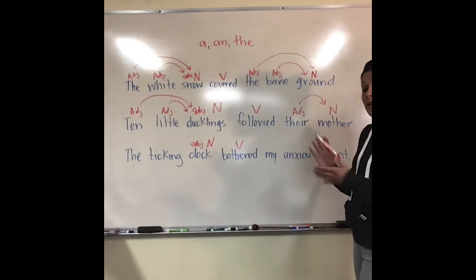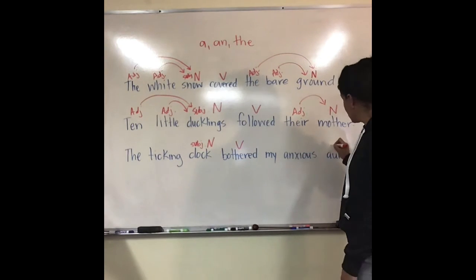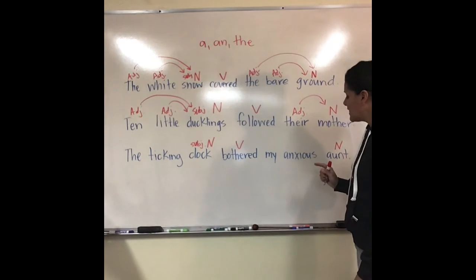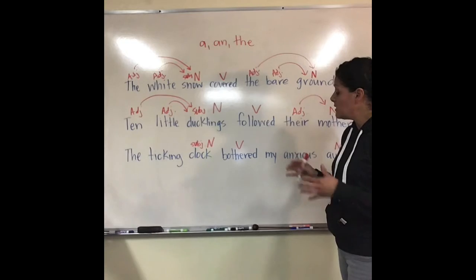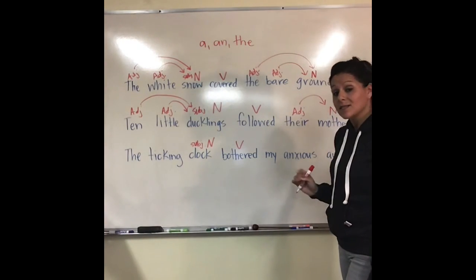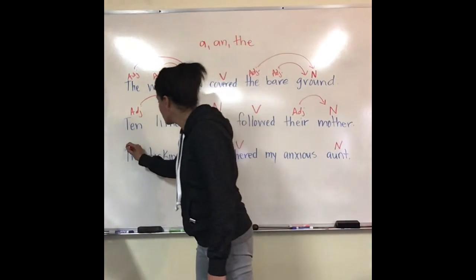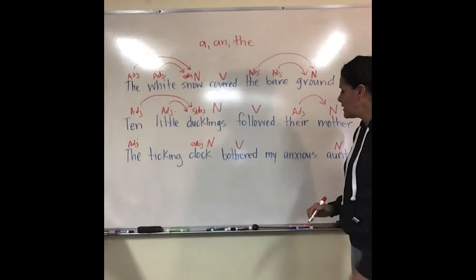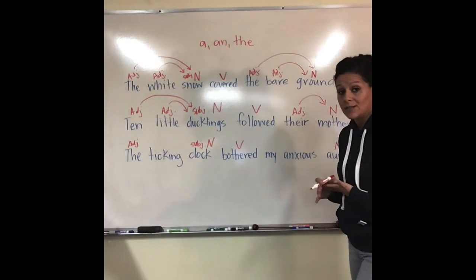Then we're going to look for any other nouns in the sentence. Aunt. Okay, so far so good. Then we're going to look for any pronouns. No pronouns. Do we have any automatics? I think we do. We have an automatic right here.